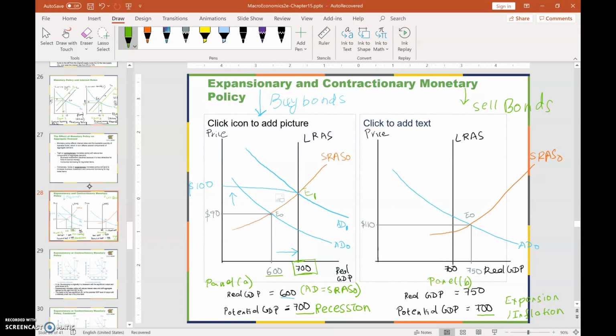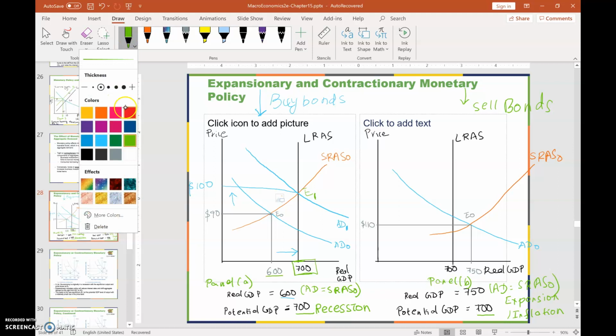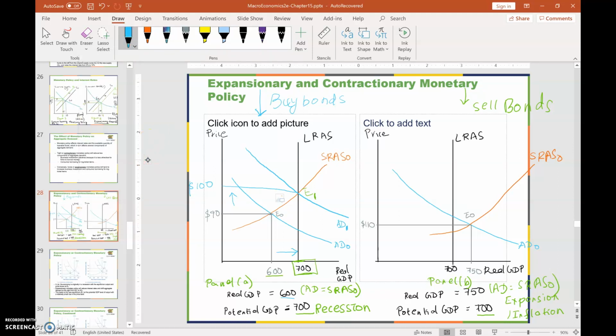Now look at panel B. The real gross domestic product is 750. We get this at the intersection of aggregate demand and the short-run aggregate supply curve. If you look at the potential gross domestic product, this is 700.